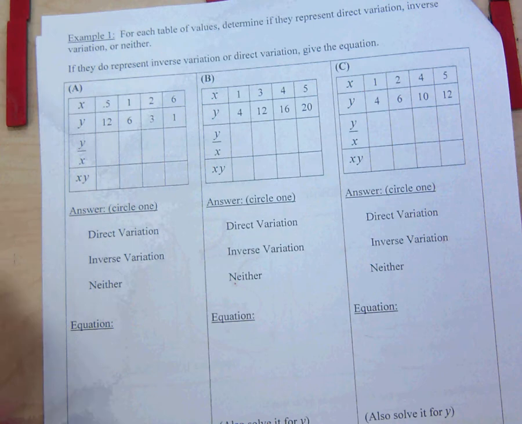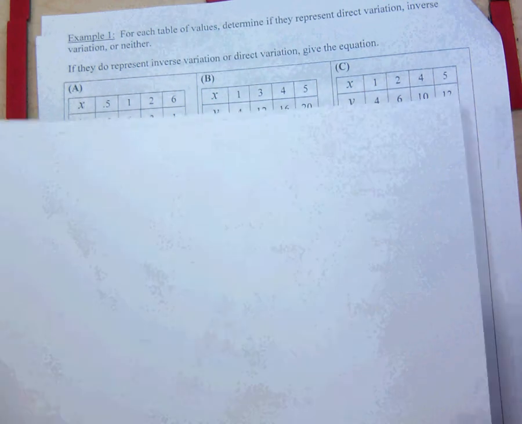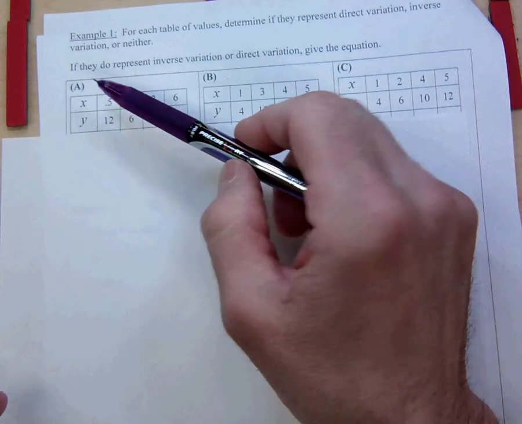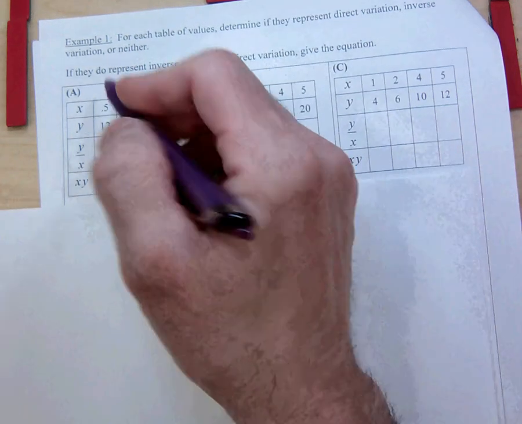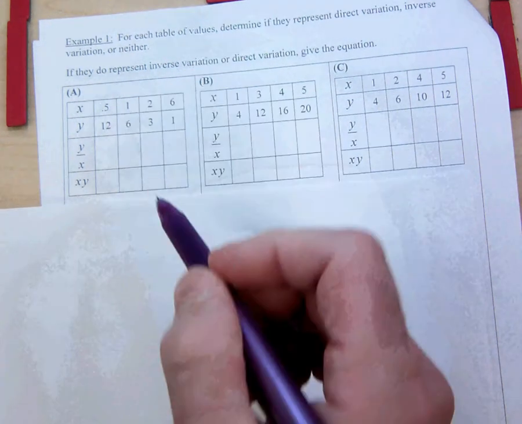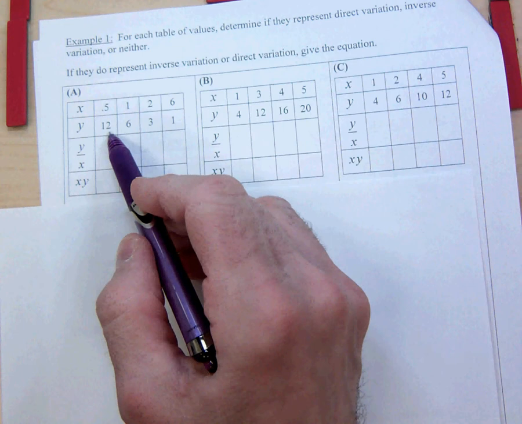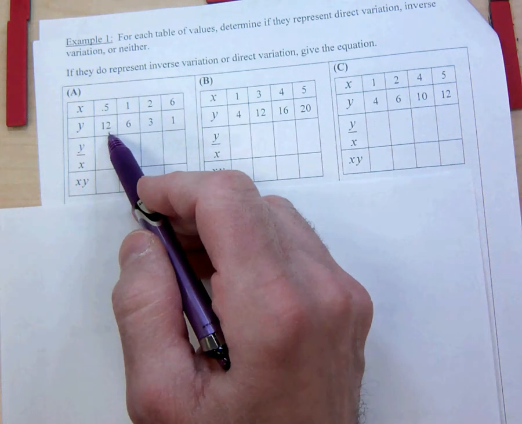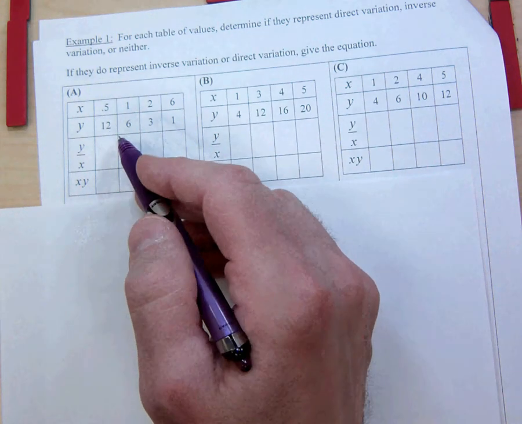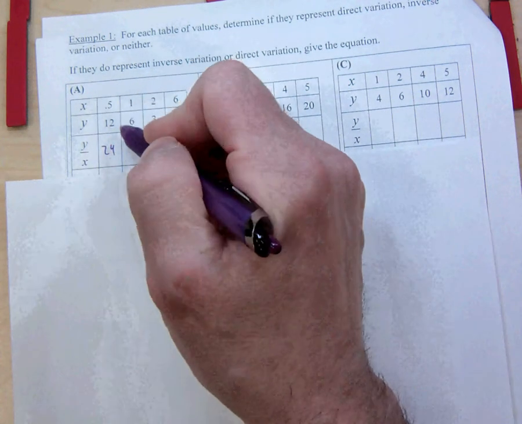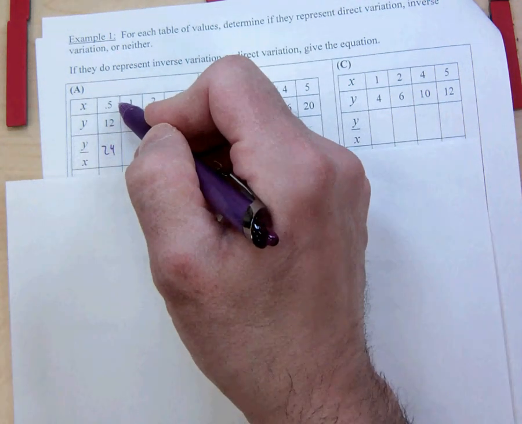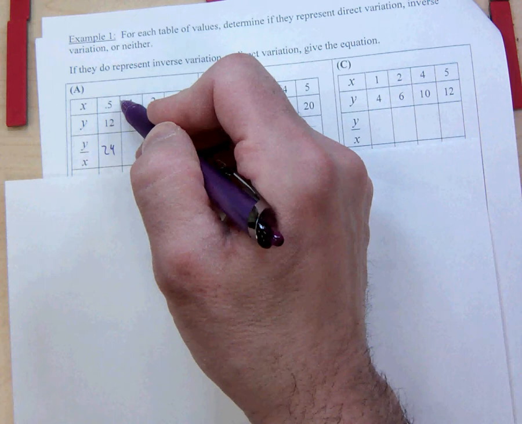So if I give you this table of values here, what are you going to do? Well, you're going to take y divided by 0.5. What's 12 divided by 0.5, guys? You should be able to do that in your head. How many halves are there in 12? 24.